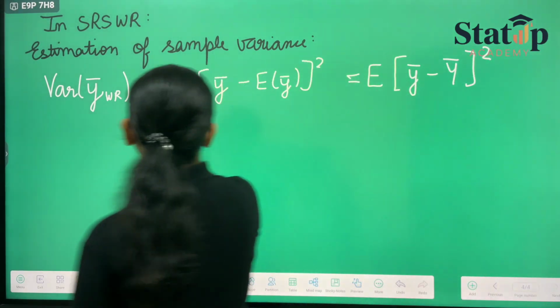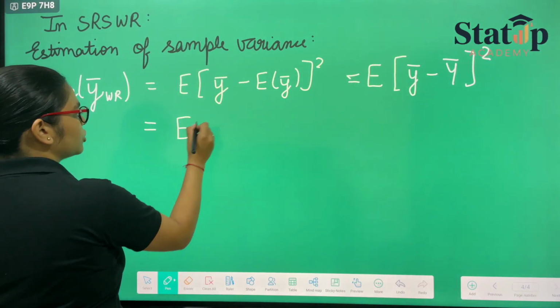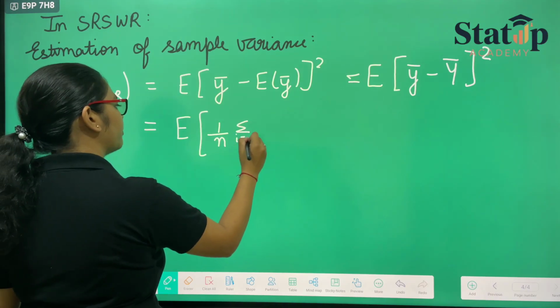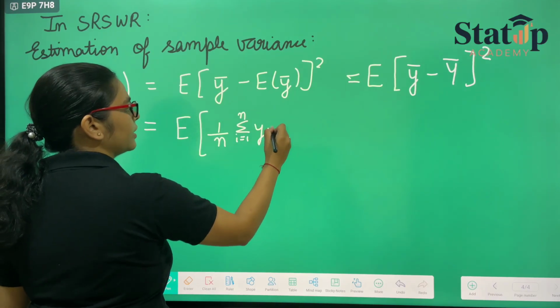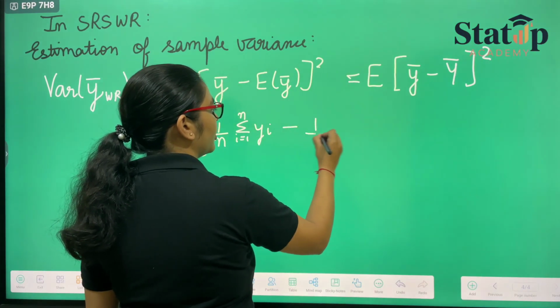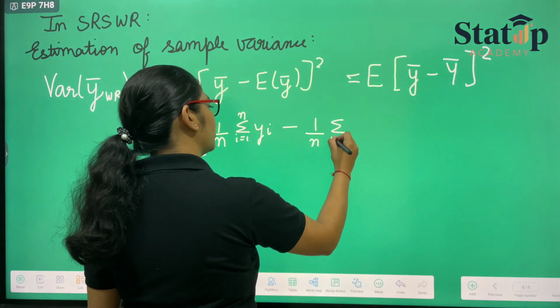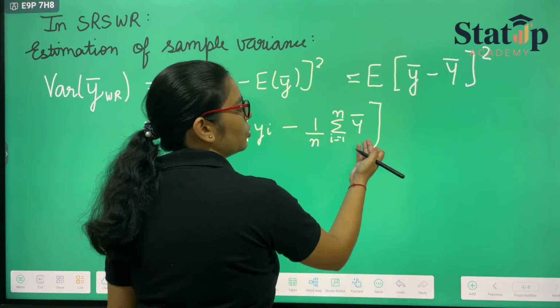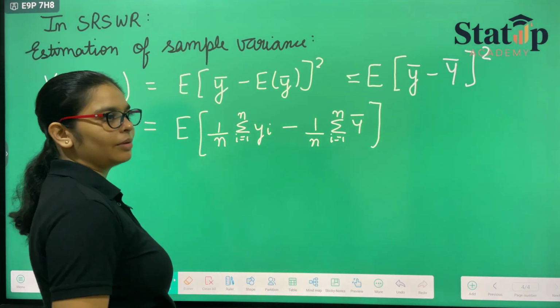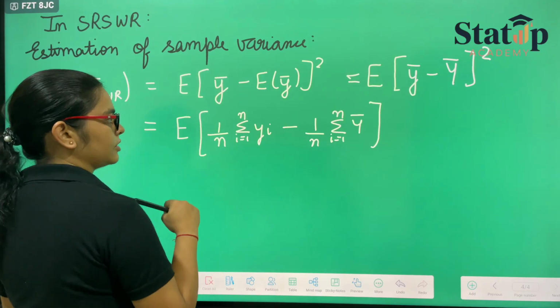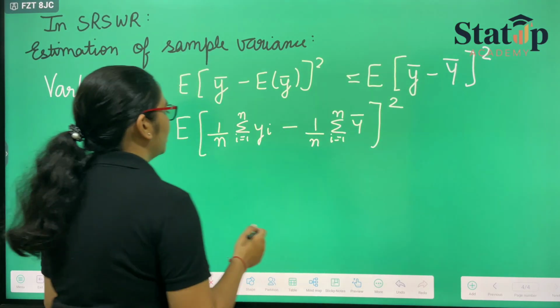Now y bar can be written as estimation of 1 upon n summation i goes from 1 to small n yi, and capital Y bar can be written as 1 upon n summation i goes from 1 to n Y bar. Because there is no i term, this summation will become n and n gets cancelled. So we can write capital Y bar as this as well, whole square.